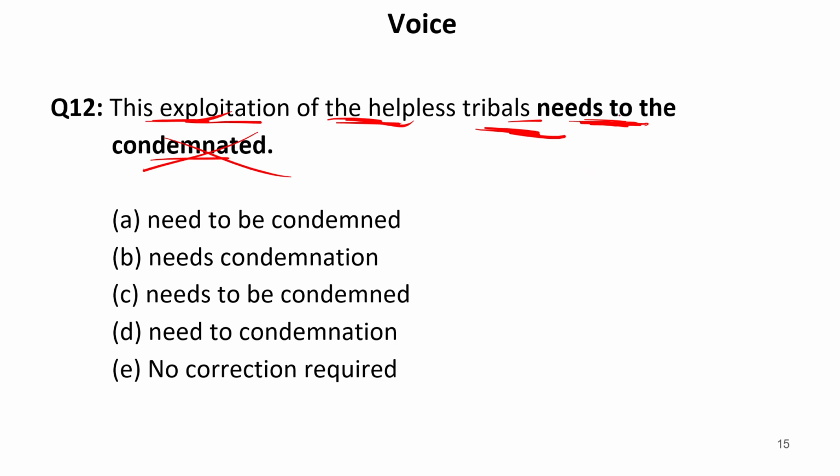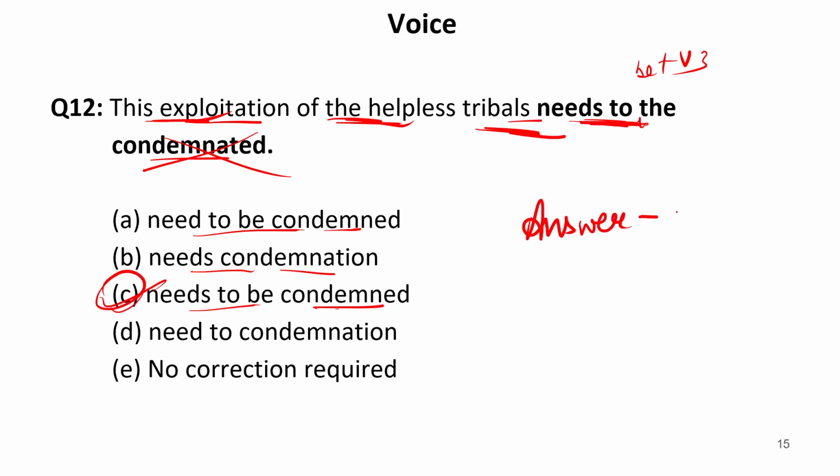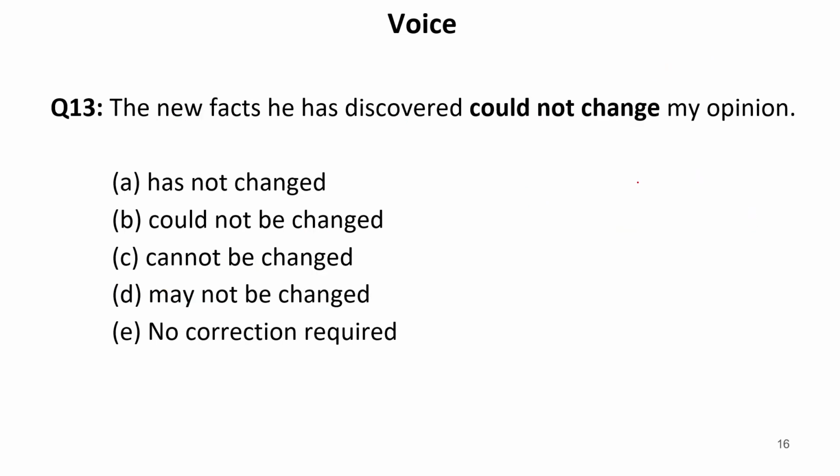Now again, needs to is a modal, after which we need be, and then we need verb third form. Let us see the options. Need to be condemned, needs condemnation, needs to be condemned. So C will be the correct answer. So our answer is C, of course, that is needs to be condemned. Now let us move to the next one. The new facts he has discovered could not change my opinion.